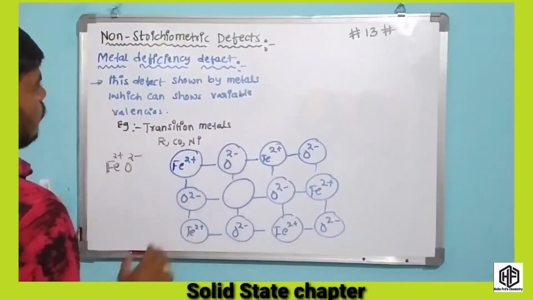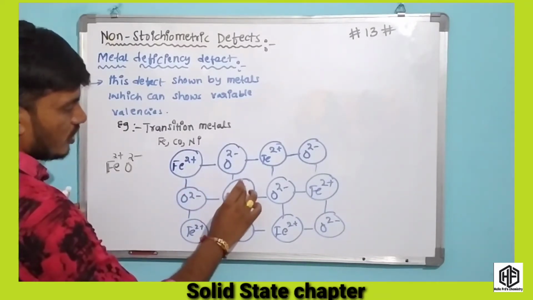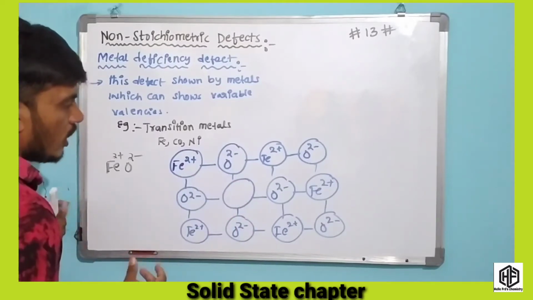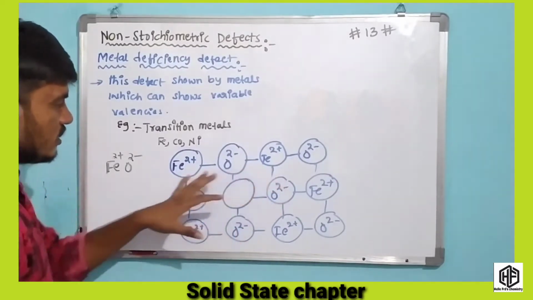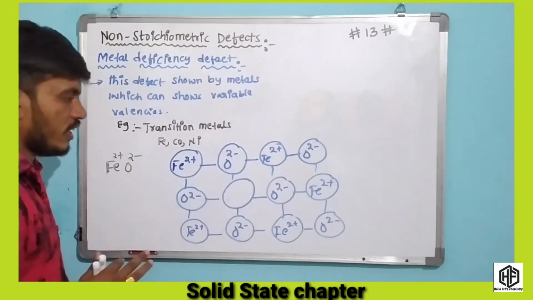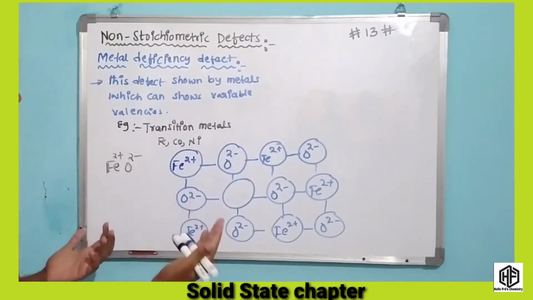Friends, in this metal deficiency defect, one of the cations is removed from its lattice site. It maintains the cation-anion ratio but cannot maintain the electrical neutrality by itself. In this defect, the metals exhibit variable valencies.